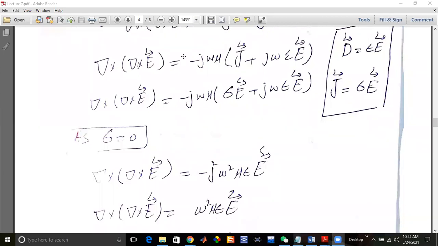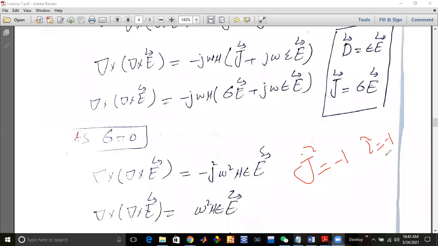And you know what j is from the circuit point of view: it behaves like iota, so j square is equal to minus 1. This is the complex way.